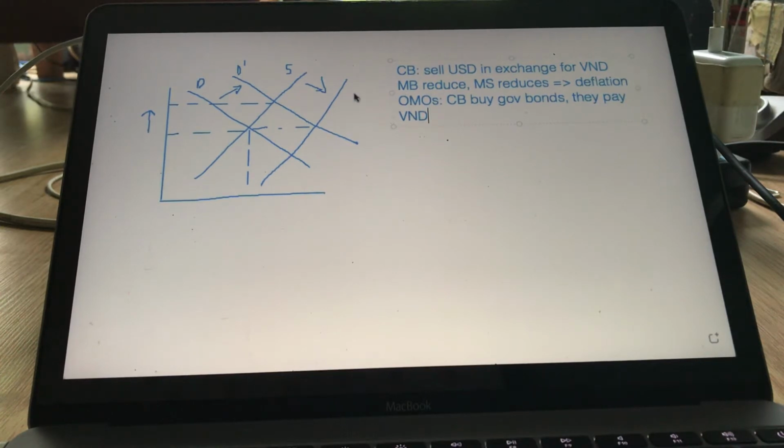So that's the way the central bank does it. They can do it in the following step, or at the same time, to cancel out the negative effect of the intervention. That's the main concept we have for the intervention.